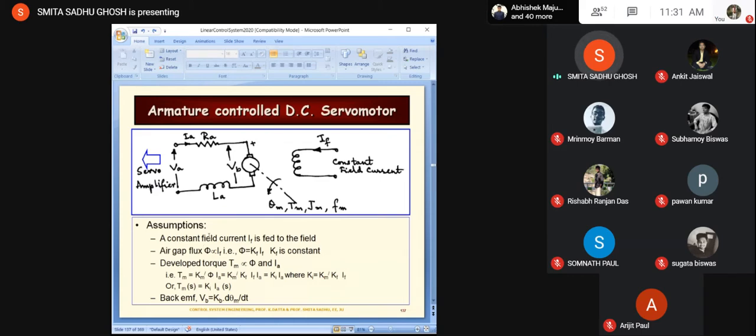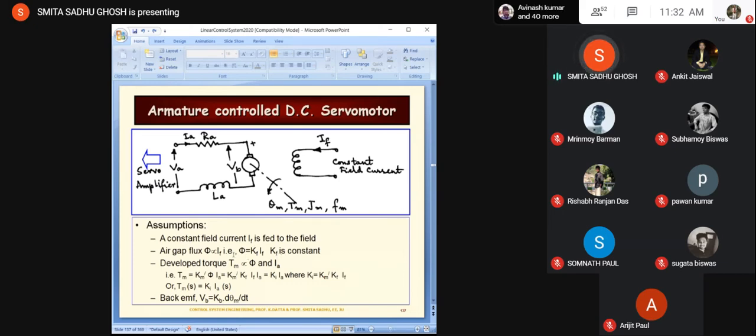Also, the air gap flux is again assumed to be directly proportional to If, irrespective of any distortion effects and all that. So phi is equal to some constant into If. Now, of course, in this case, If is also a constant, so this whole thing will become a constant. But nevertheless, the developed torque Tm is going to be proportional to both phi and the armature current Ia.